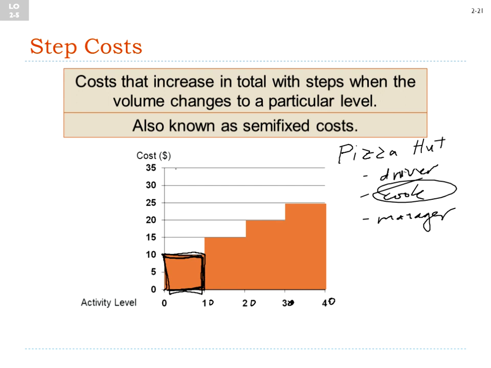One cook can handle it. Well, let's say that hour you have 11 customers. One cook can't handle 11 customers, so you have to call in a second cook, and now you've gone up a step.